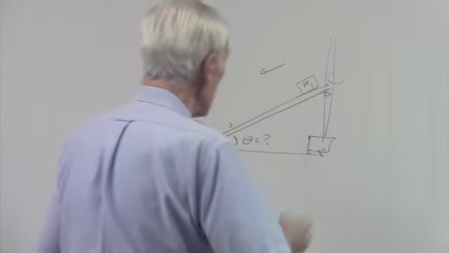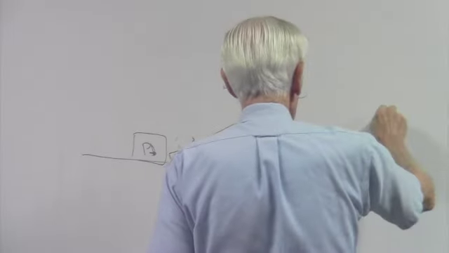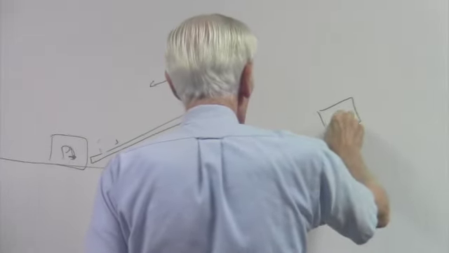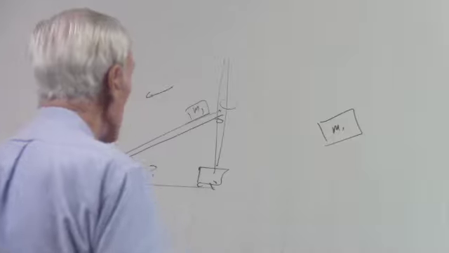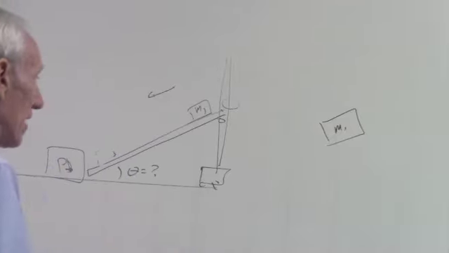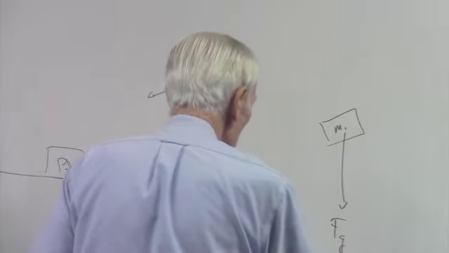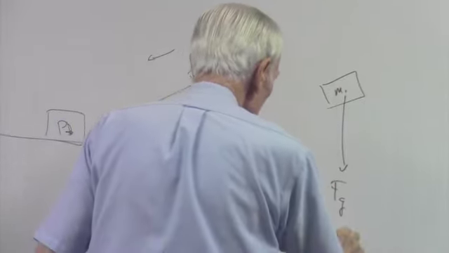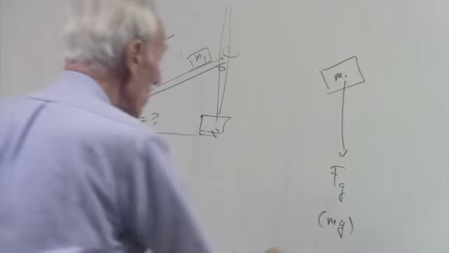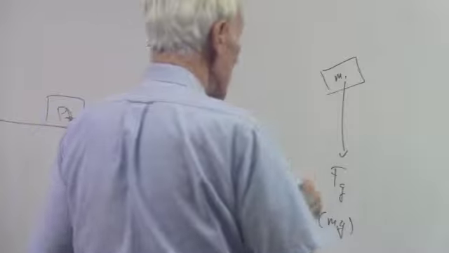Okay, so this is more complicated. Now, we have one body. We can still call it M1 if you want. And we have the forces on it. Okay, so let's draw a force diagram. So here is the force of gravity, which is also m times the acceleration due to gravity, mass 1 times the acceleration due to gravity. We have friction.